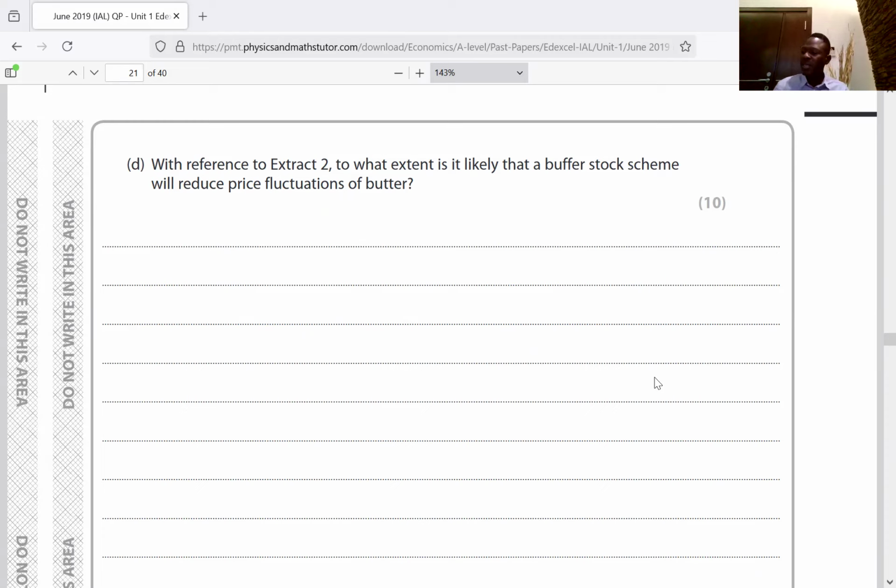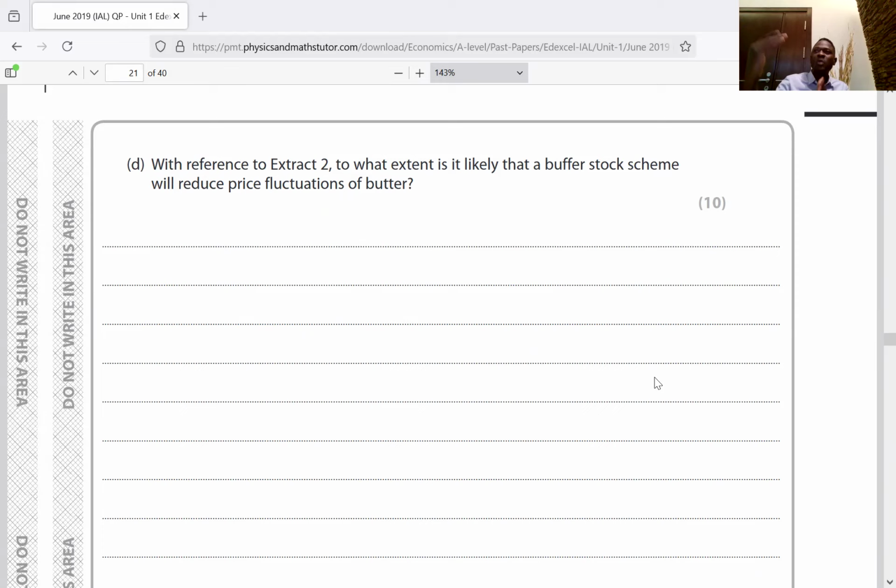Do you understand? Yes, sir. So government will buy to reduce wastage or to increase income of producers. With the buffer stock scheme, the government will be able to stabilize price. The reason for buffer stock is price stability. So selling above the maximum price means government has to intervene by supplying more into the market, so that the shortage would reduce.